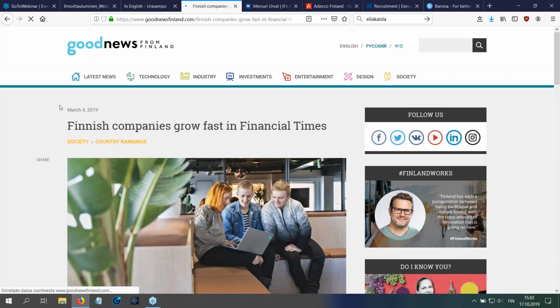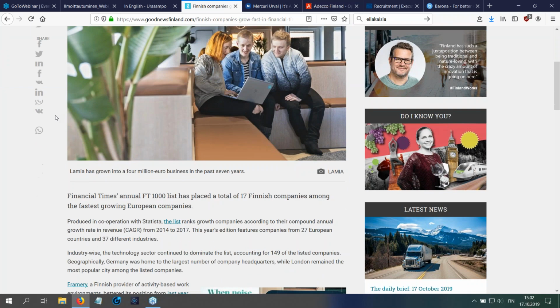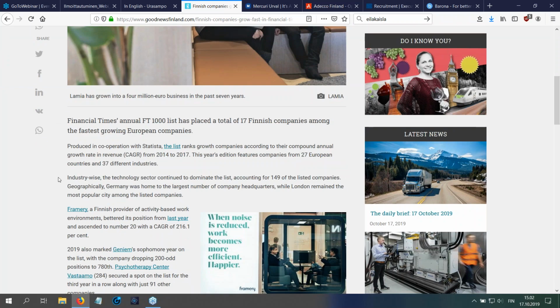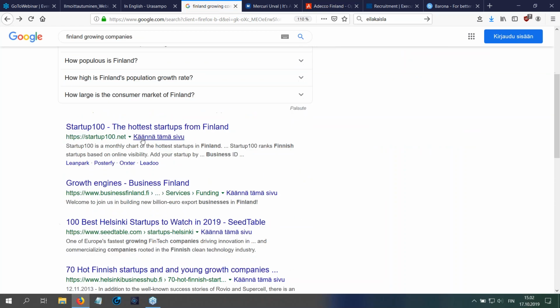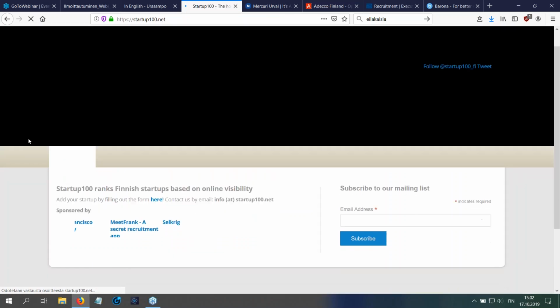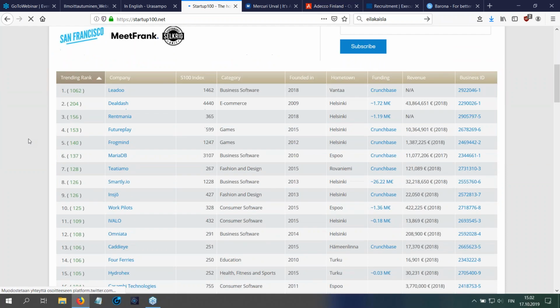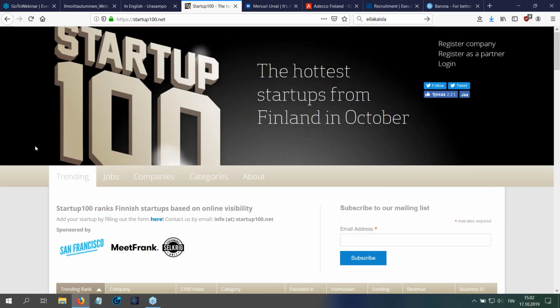For example, there's an article about growing companies in Finland who are very likely to hire new people soon. Then there are sites like Startup 100, the hottest startups from Finland. The idea is to find companies that possibly need more people soon and are growing rapidly. These are just a few ideas I thought of.